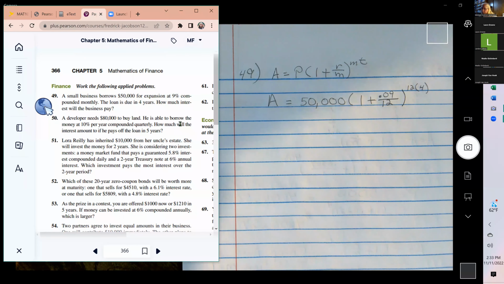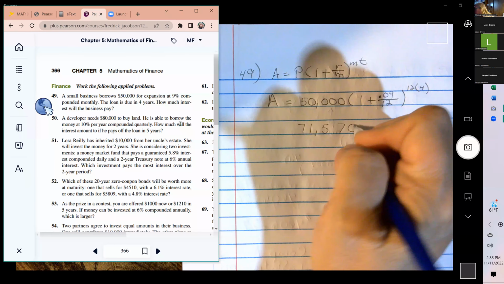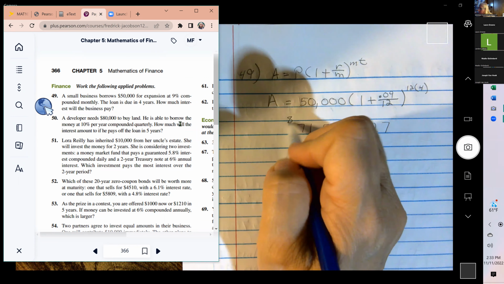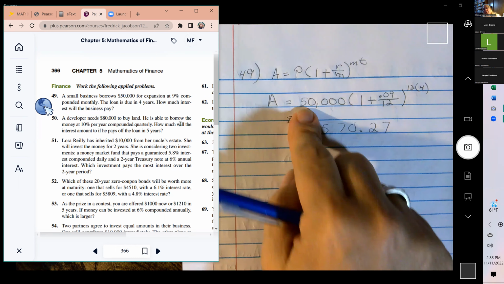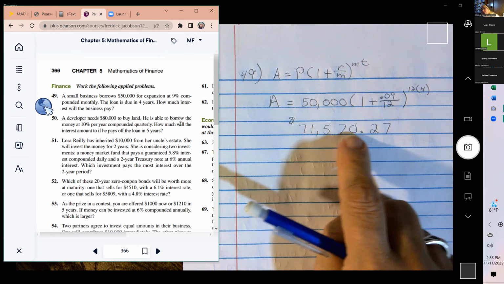$50,000. You should get $71,570.27. So if you take a loan for $50,000 for 4 years compounded monthly, this is how much you'll pay in the end.